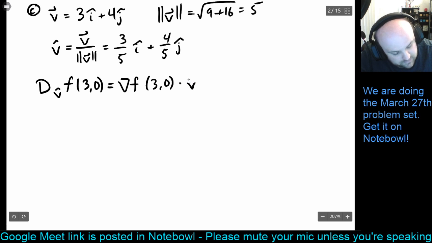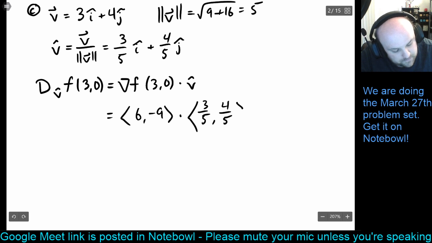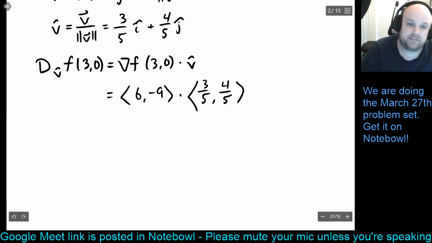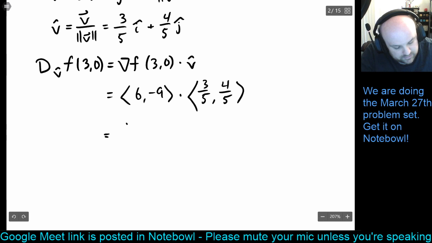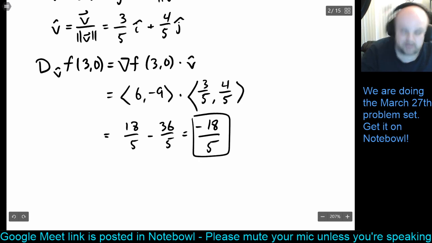So that's 6 minus 9, dot product, 3/5, 4/5. And now we just compute that. So 18 over 5 minus 36 over 5, which, really interesting, happens to be exactly minus 18 over 5. There we go.